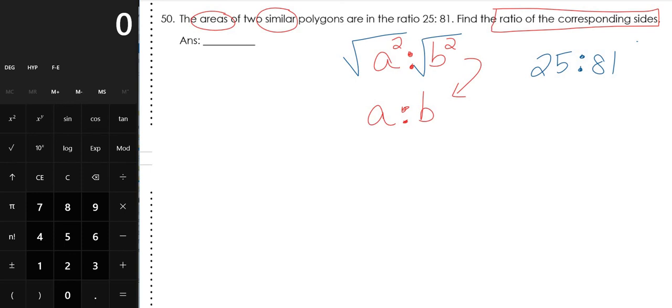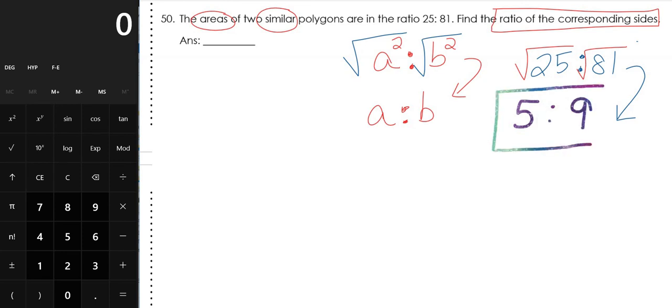So to get back to the regular ratio for the sides, we're going to have to square root. The square root of 25 is 5, the square root of 81 is 9. So 5 to 9 ratio for just the sides and for the perimeters.